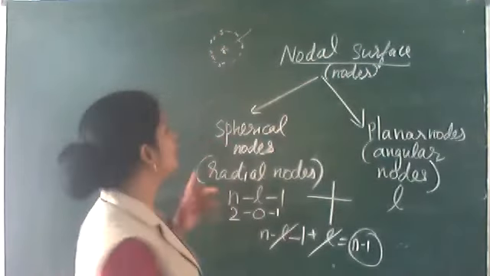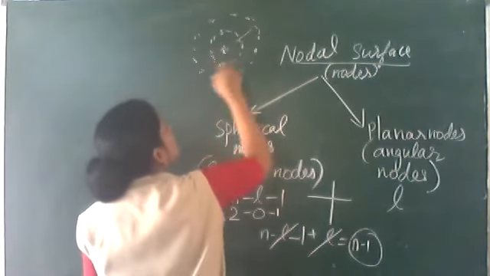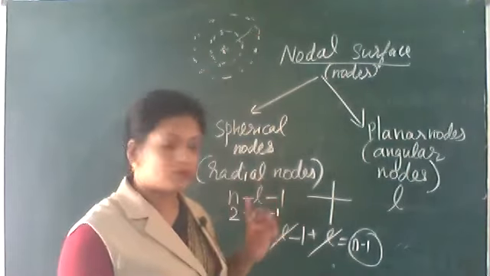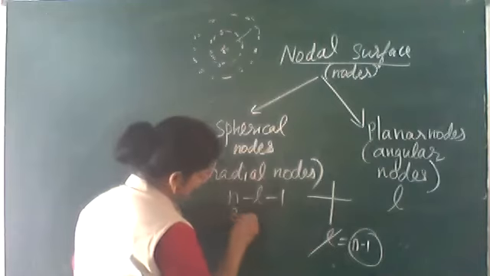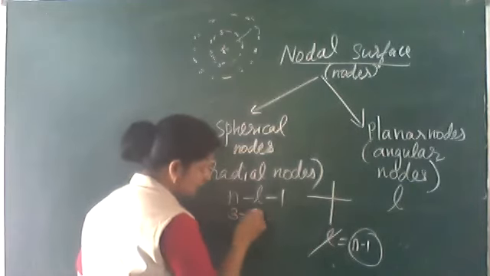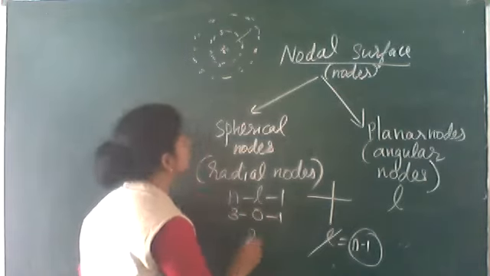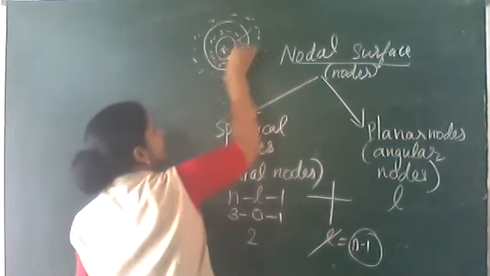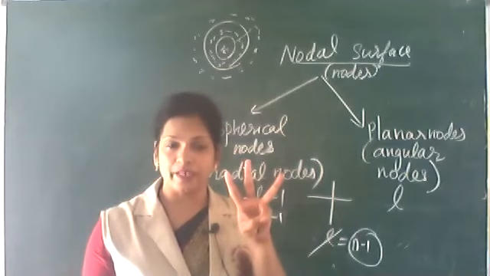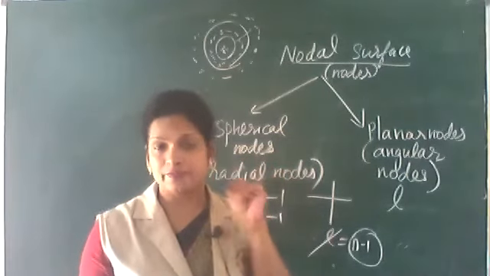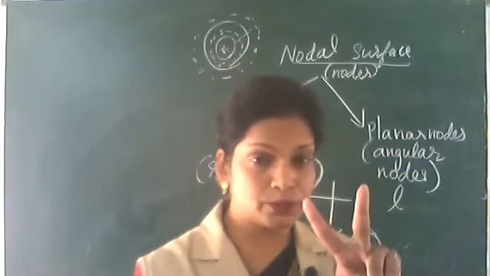For 3s, 3 minus 0 minus 1 is 2: one is this and the second is this. So 3s has 2 spherical nodes. For 4s, 3 spherical nodes. For 5s, 4 spherical nodes.